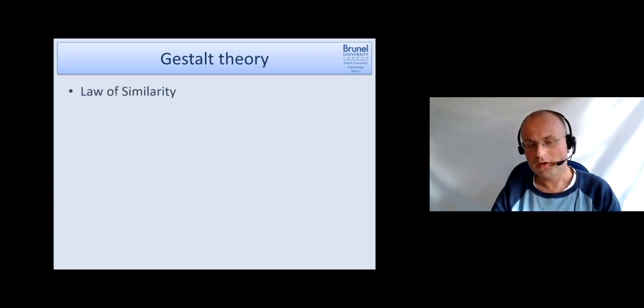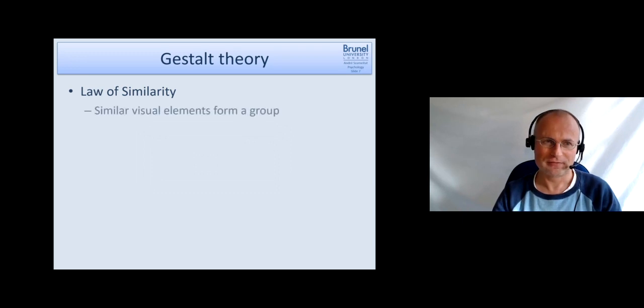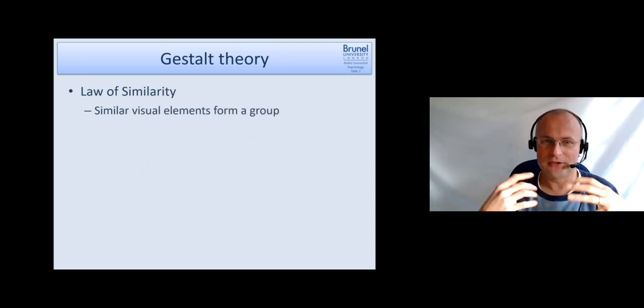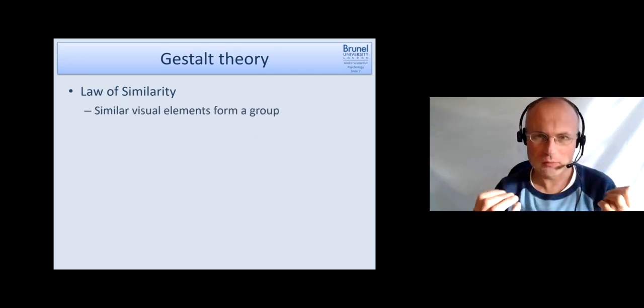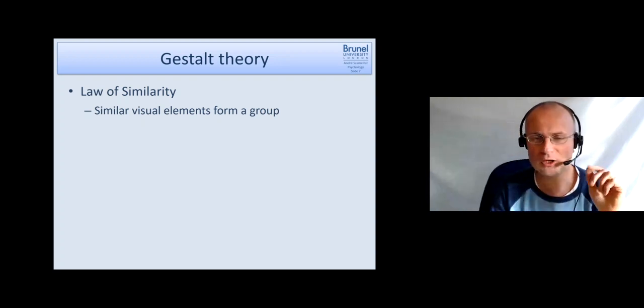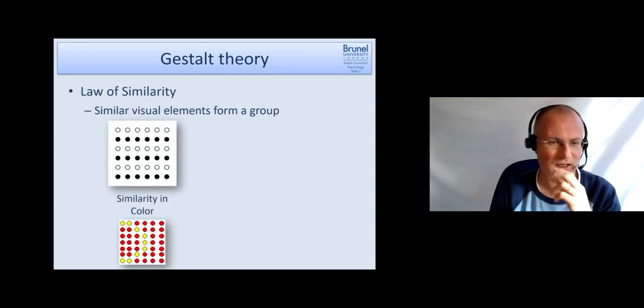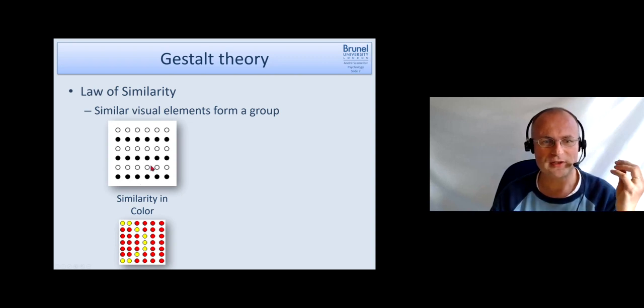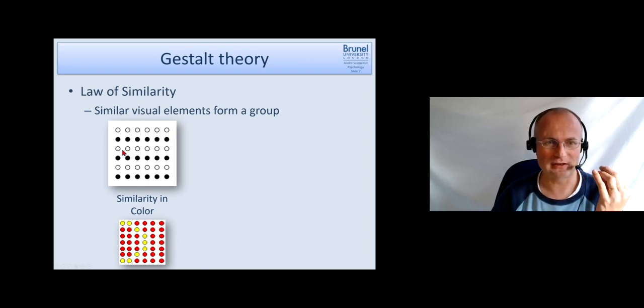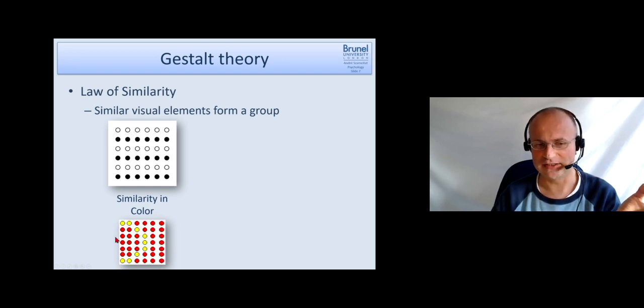The second law is the law of similarity. It states that visual elements which are similar to each other form a group. These are examples. Here we have similarity in color, and automatically the white group together and the black group together, or here we have this yellow half circle against a red background.